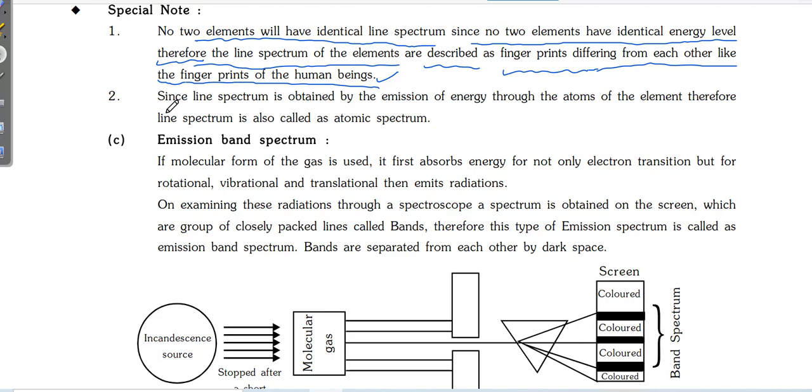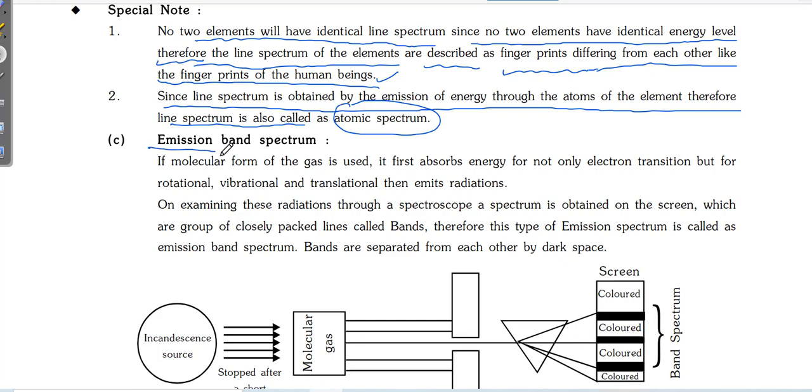Since the line spectrum is obtained by the emission of energy through the atoms of the element, the line spectrum is also called the atomic spectrum.